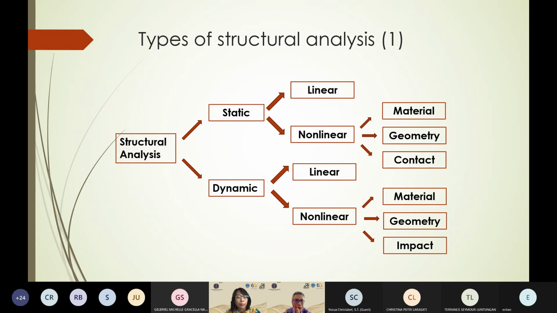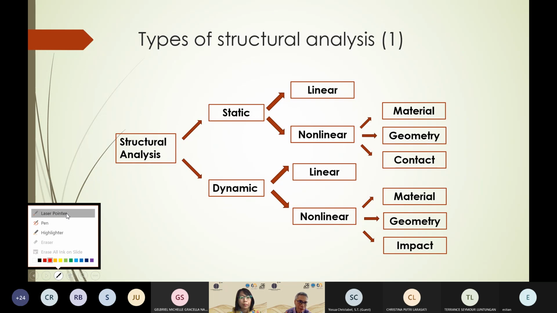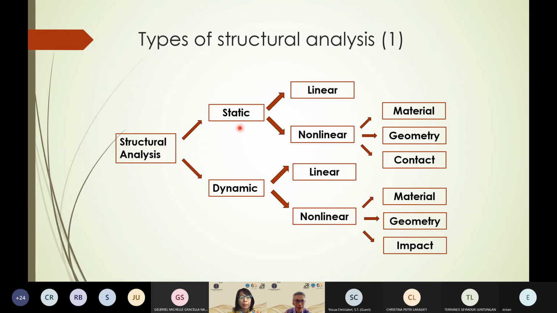Let me tell you about structural analysis. Category of structural analysis, okay? Structural analysis is a wide subject actually. Generally, we can categorize it into two categories. The first one is static analysis, and the second one is dynamic analysis.